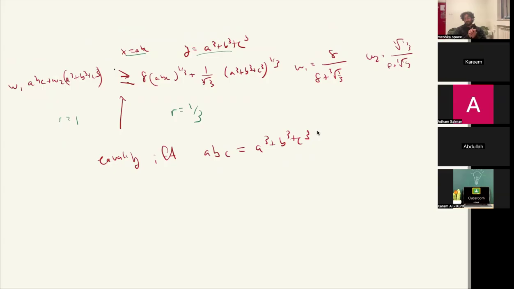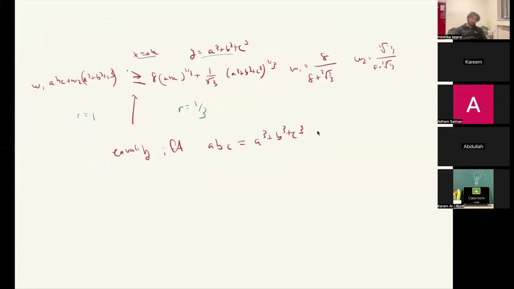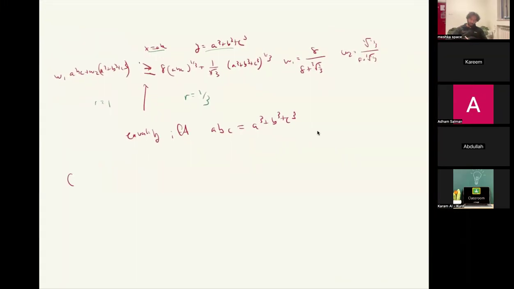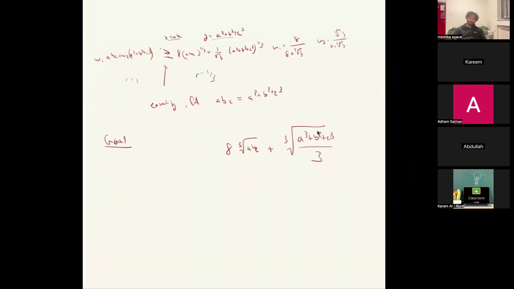But can't we modify the way to account for this? No, you have to modify this term, not the weight. You see? What are we trying to do? What's the goal? The goal is we have this term, 8 cube root of ABC plus cube root of A cubed plus B cubed plus C cubed over 3, okay?